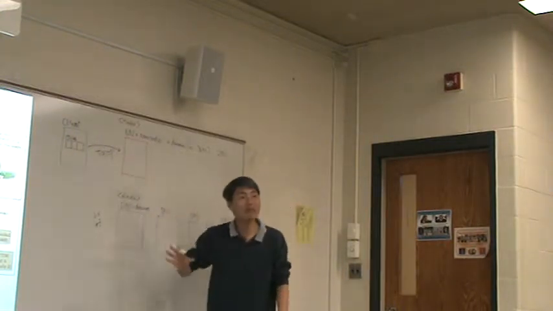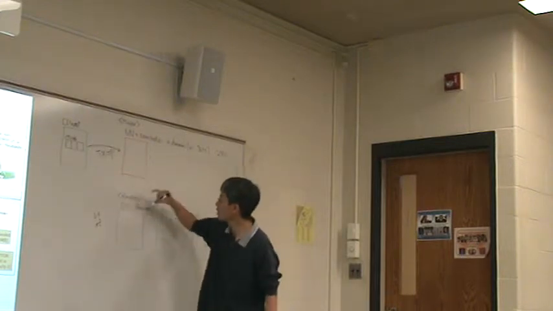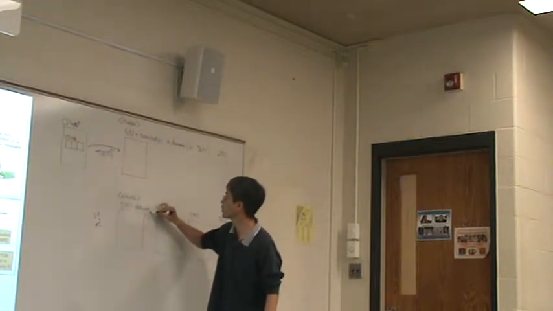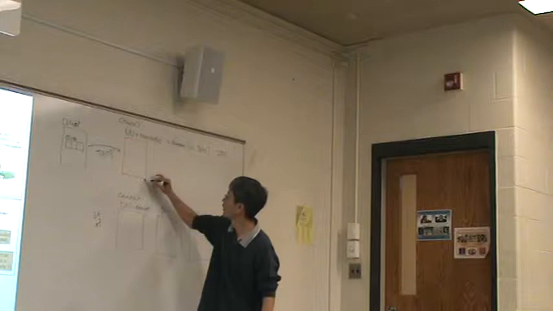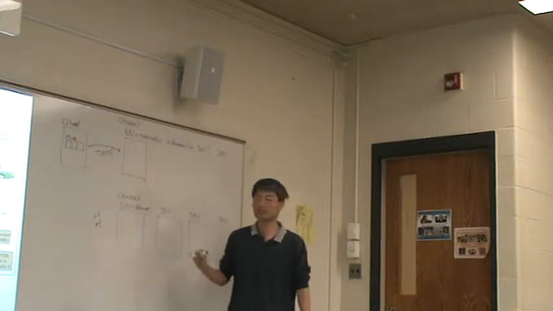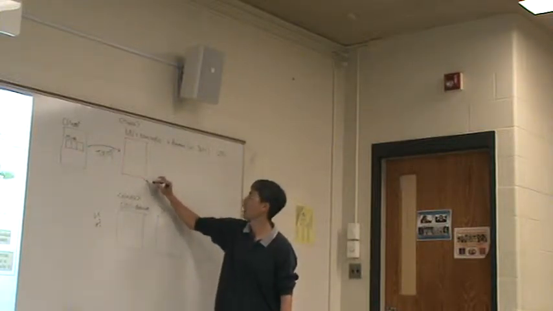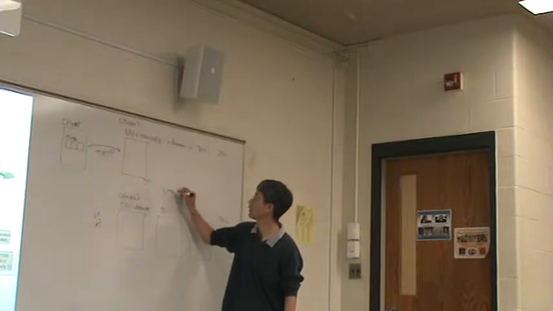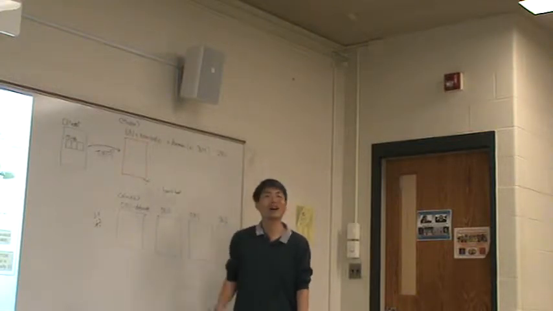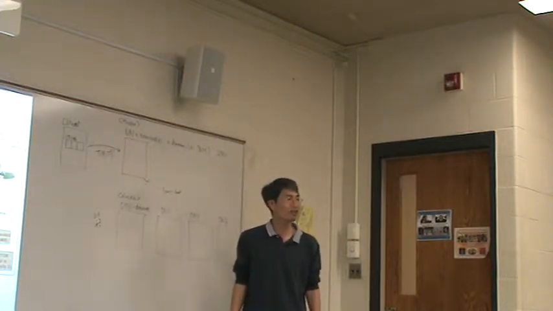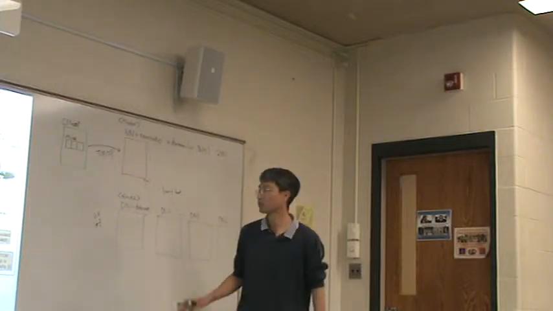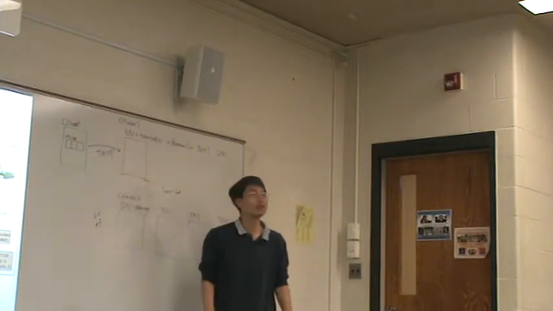So every 3 seconds, each data node should send a heartbeat. I'm alive. Every 3 seconds, you need to send a message to the naming node.